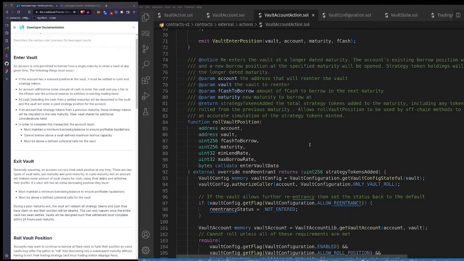But if that is the case, then this is a really nice feature that borrowers can have, which allows them to avoid settlement. So prior to the settlement process being initiated in their maturity, they can essentially migrate their yield position from that maturity to a new maturity.